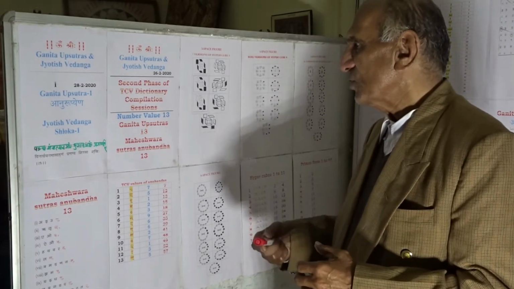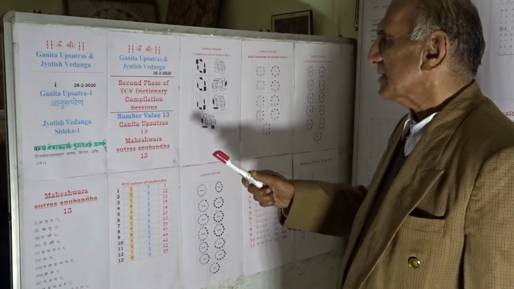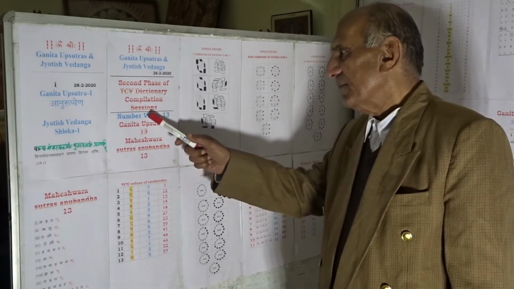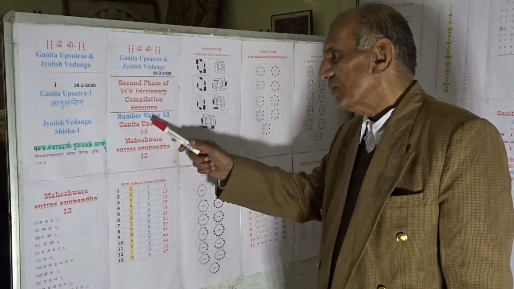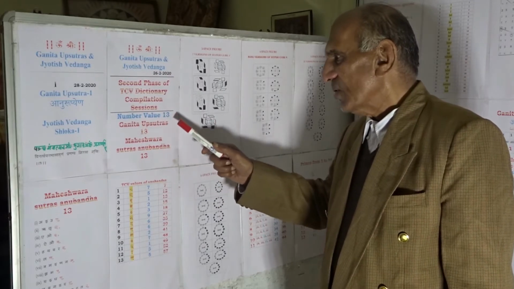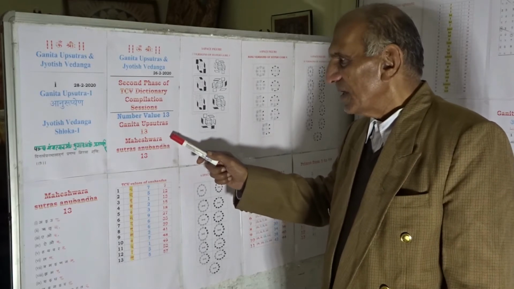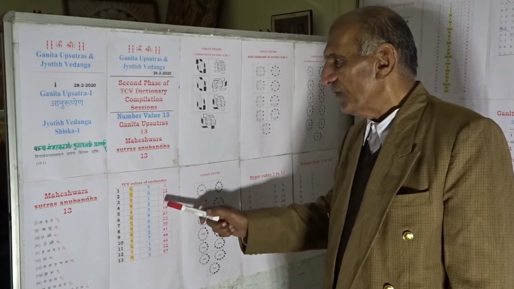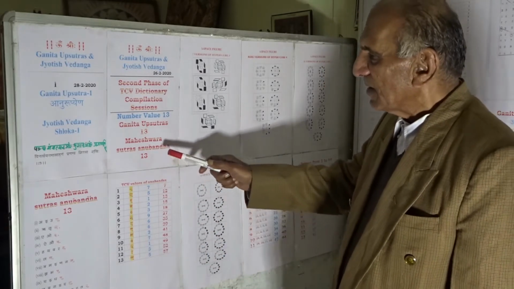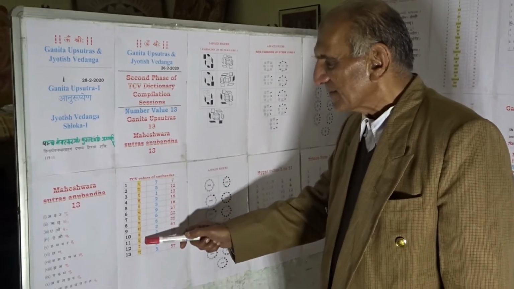Let us recapitulate that the focus here is upon number value 13, as there are 13 Ganita Upsutras, and also as the Maheshwara Sutras, which are 14 in number, are in fact having 13 Anubandhas.